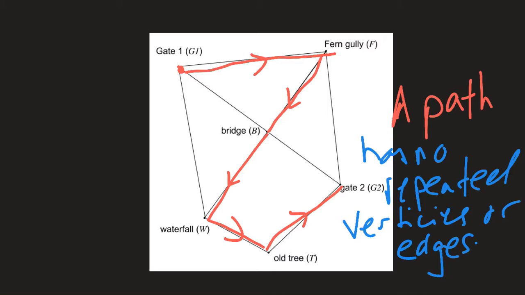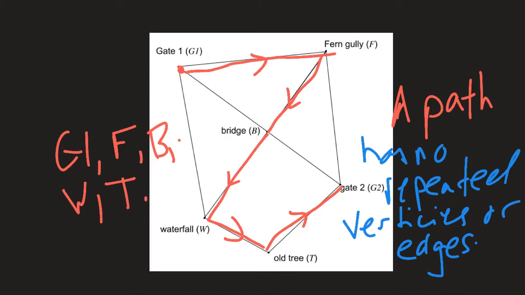If I were going to list my vertices, it would be G1. After G1, it'd be F. After F, it would be B. After B, it would be W. After W, sorry, I would be at T. And then finally, I would finish at G2.